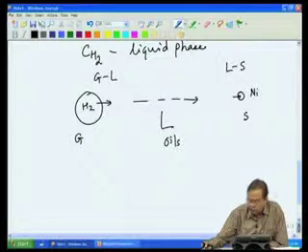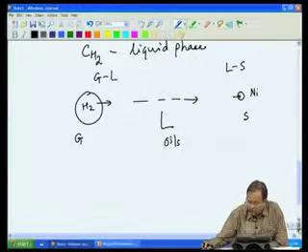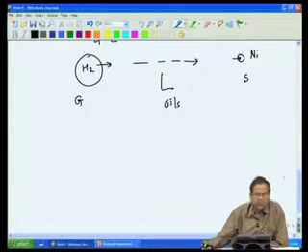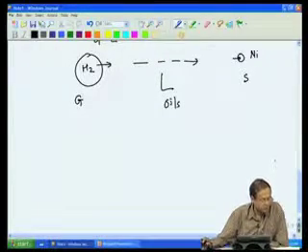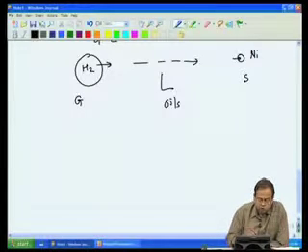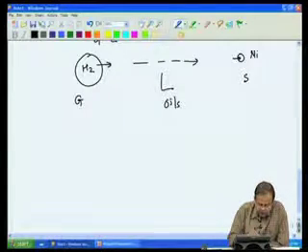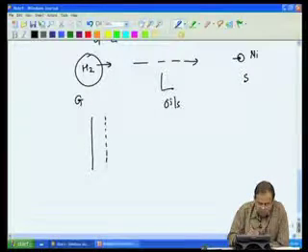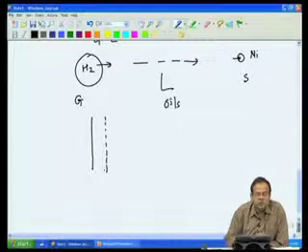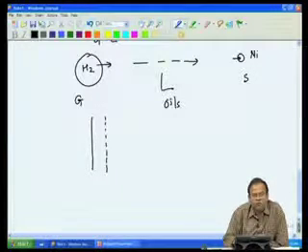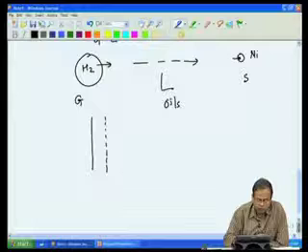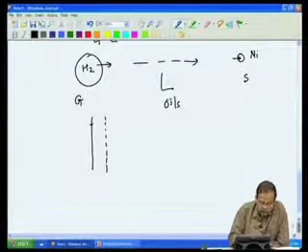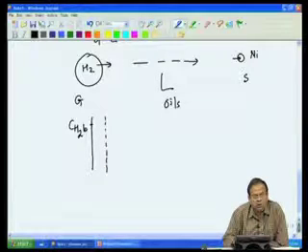Okay. So, now to handle these processes, we have a gas liquid reaction. So, let us say that we represent this by assuming that there is a gas liquid interface. We will analyze this situation in the framework of two film theory. So, let us say that this is my concentration of hydrogen in the bulk gas phase.